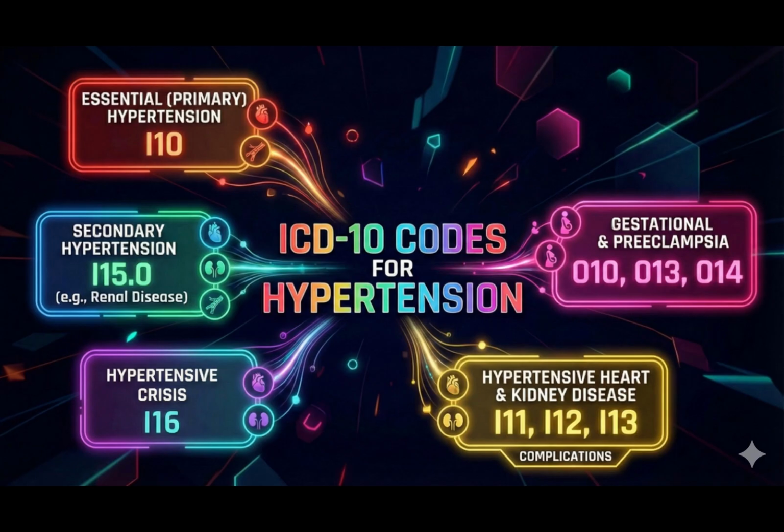ICD-10 codes for hypertension. Now that we understand why ICD-10 is essential, let's begin our first major topic, hypertension coding. This is one of the most common areas in medical coding, and getting it right builds a strong foundation for beginners. ICD-10 divides hypertension into several categories, each based on the cause and the presence of complications.